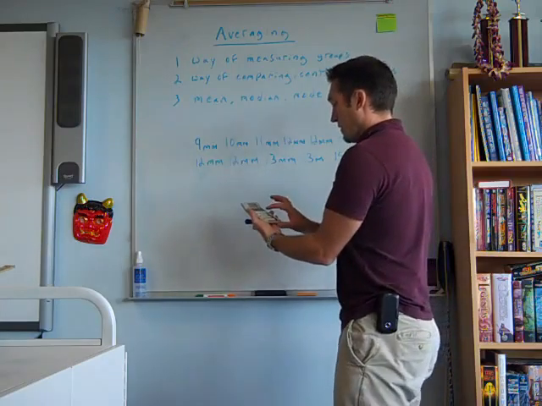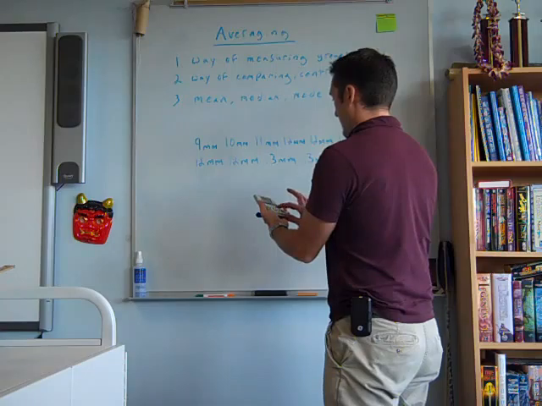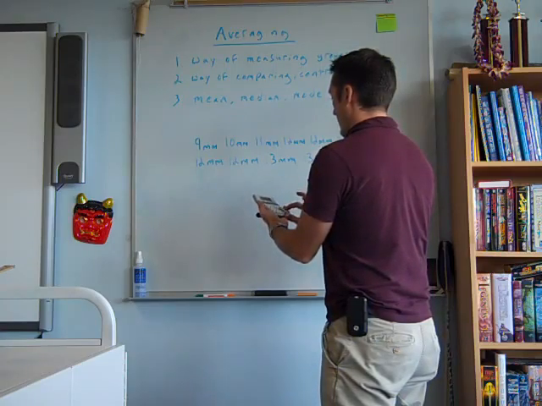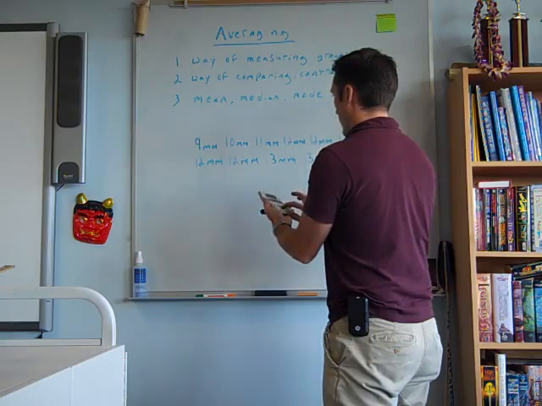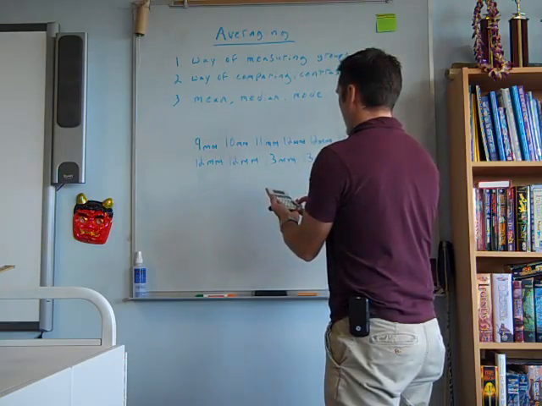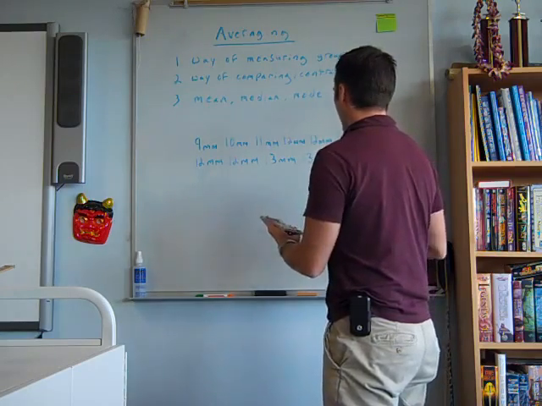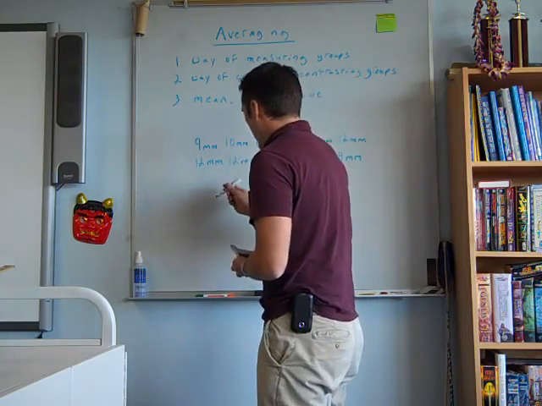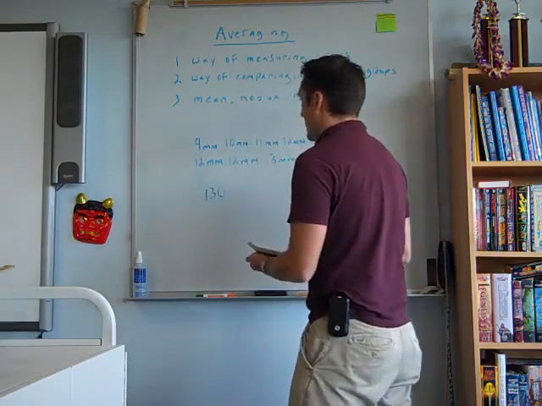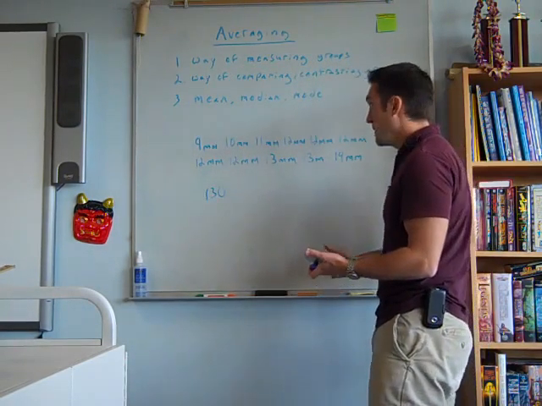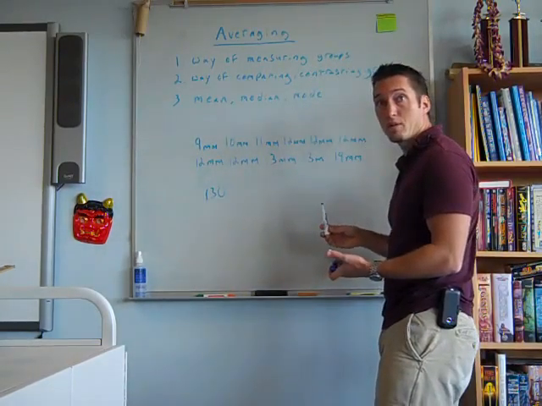So I add it up on my calculator. 9 plus 10 plus 11 plus 12 plus 12 plus 12 plus 12 plus 12 plus 13 plus 13 plus 14. And that gives us 130. Wow.